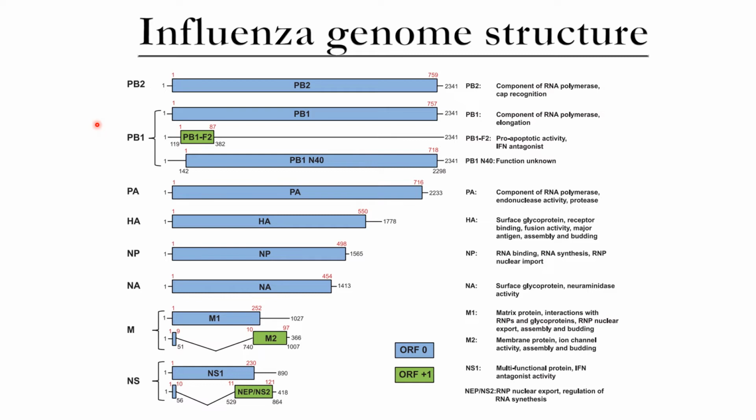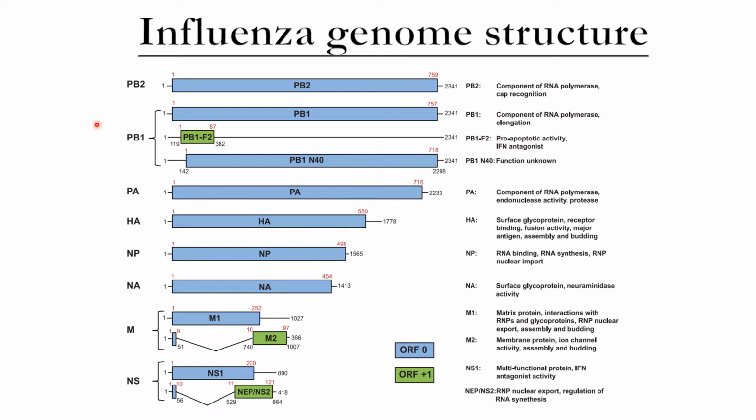The 8th RNA codes for the NS1 as well as for the NEP/NS2 protein, the latter via a spliced mRNA. Cognate PB1-F2 and PB1-N40 proteins have not yet been identified in influenza B viruses. The non-coding regions of the influenza B virus genome are longer than those in influenza A virus.